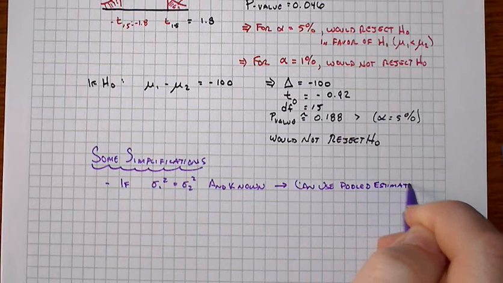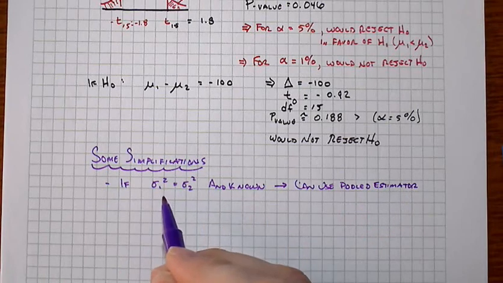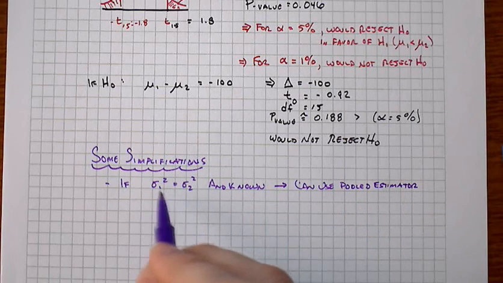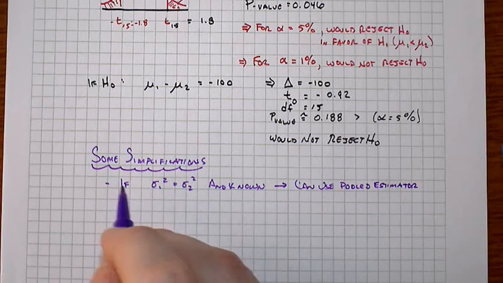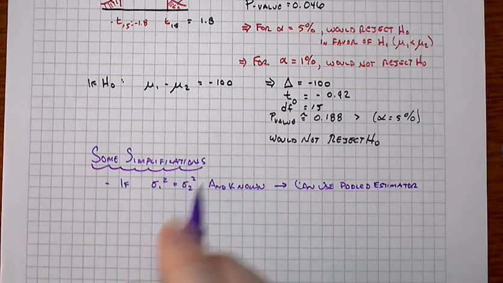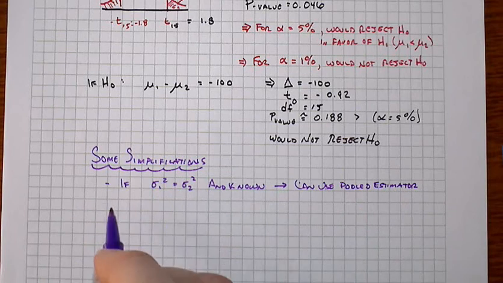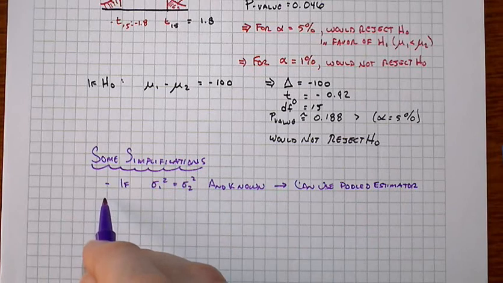Really what that means is that we're going to simplify that big, long, complicated expression associated with the degrees of freedom and the variance. That'll get a lot simpler if those two are known and if they're the same. Now, they could be known but not be the same, and that would still simplify some of our expressions a little bit. For instance, we would be able to use the normal distribution instead of the t-distribution.